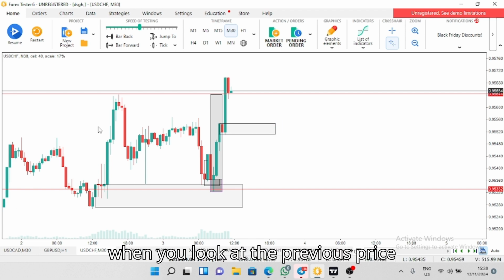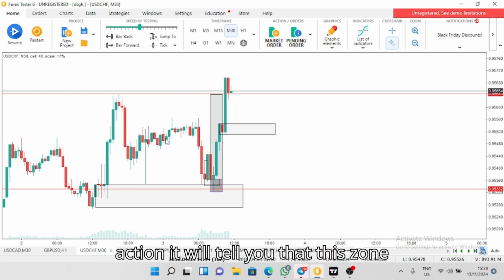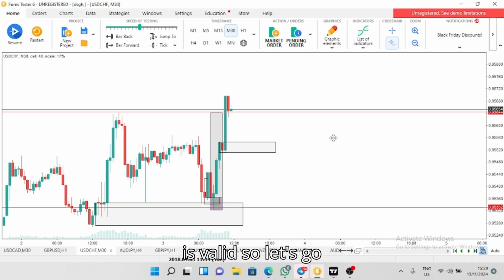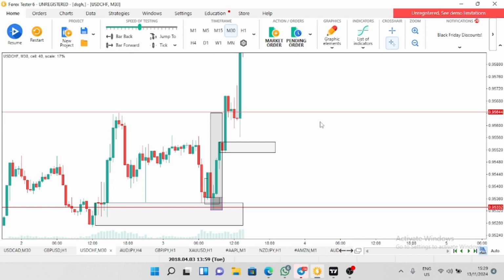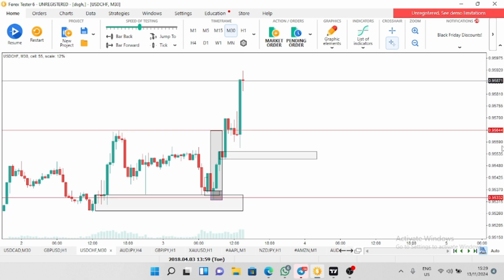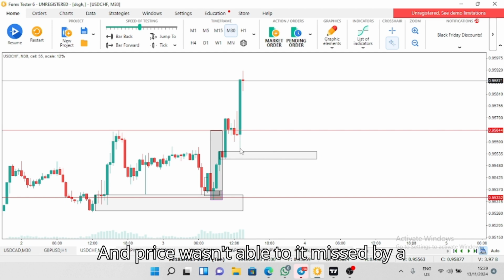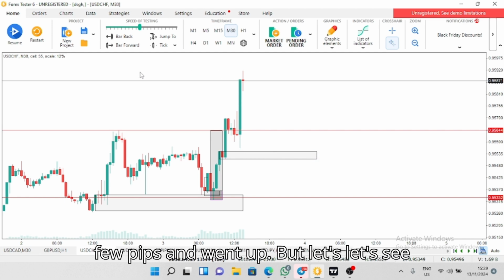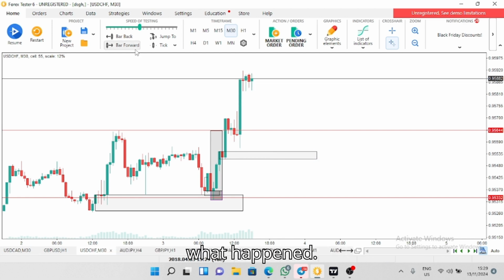When you look at the previous price action, it tells you that this zone is valid. So let's see. Price wasn't able to; it missed by a few pips and went up. But let's see what happens.